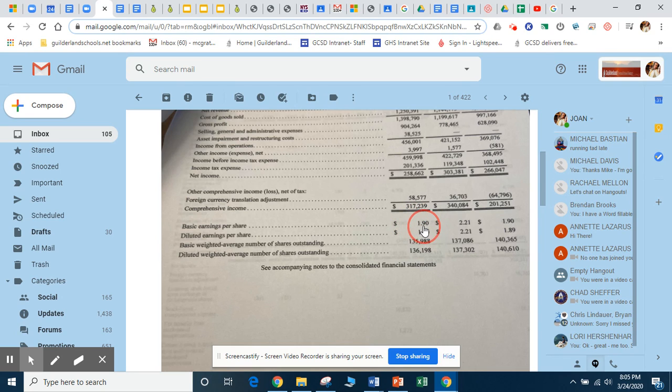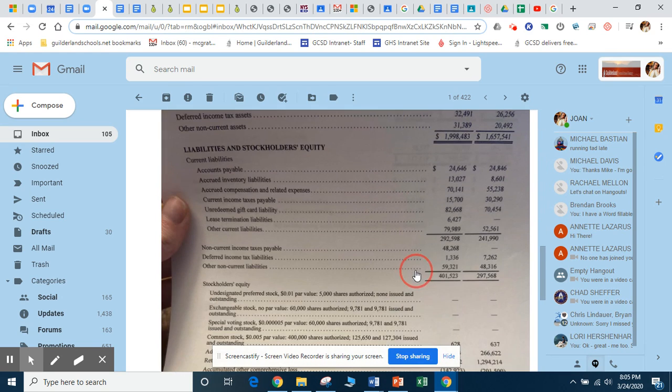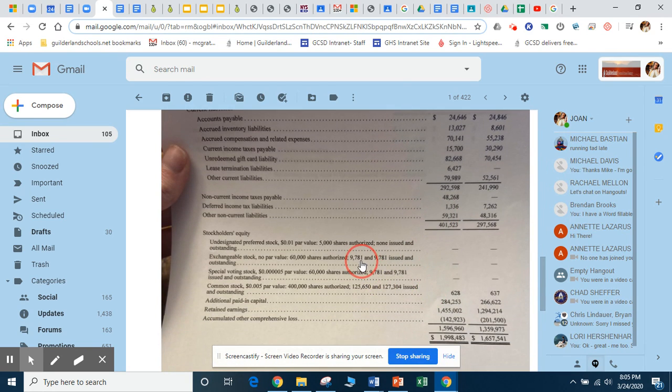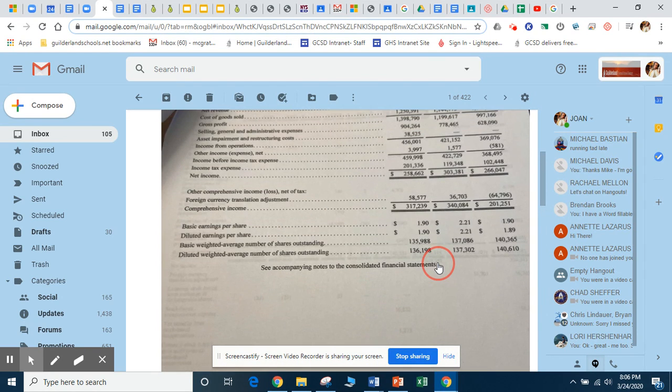So that would be the calculation, the 258,662 divided by the combination of the 9,781 and 125,650. And that will come out to 1.90.